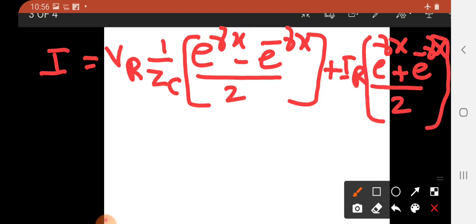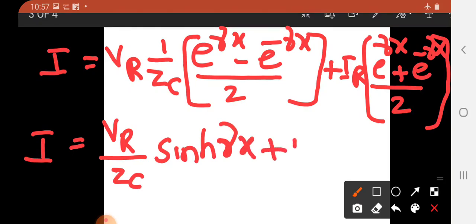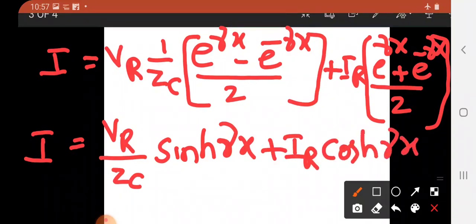We already know that e power gamma x minus e power minus gamma x by 2 is sin h gamma x. Therefore, I is equal to VR by ZC into sin h gamma x plus IR into cos h gamma x. This is equation 12.